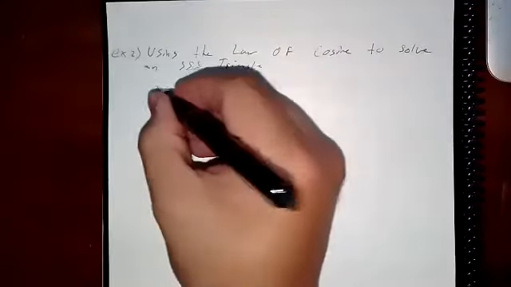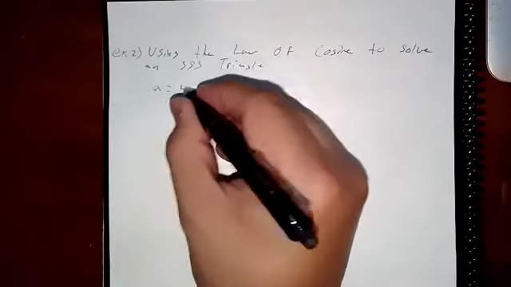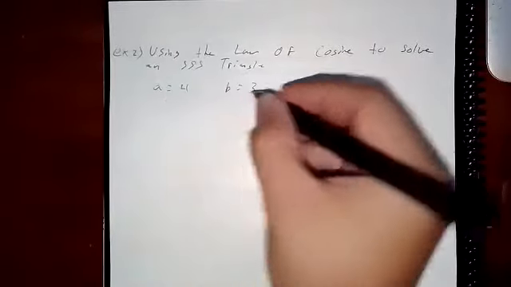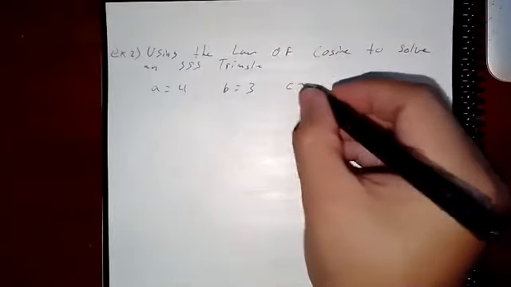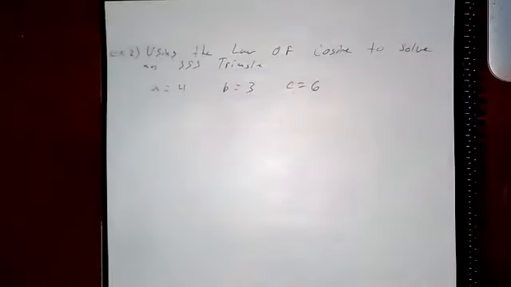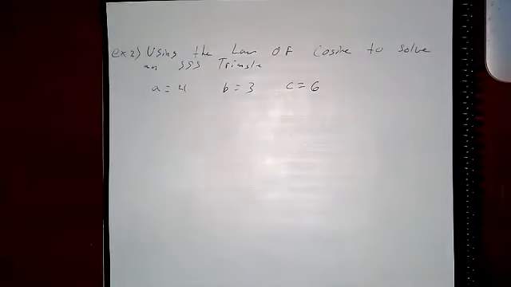They're going to give us A to be 4, B to be 3, C is equal to 6. So we're going to have to use the angle formulas twice, minimum. Otherwise, we can't do anything.